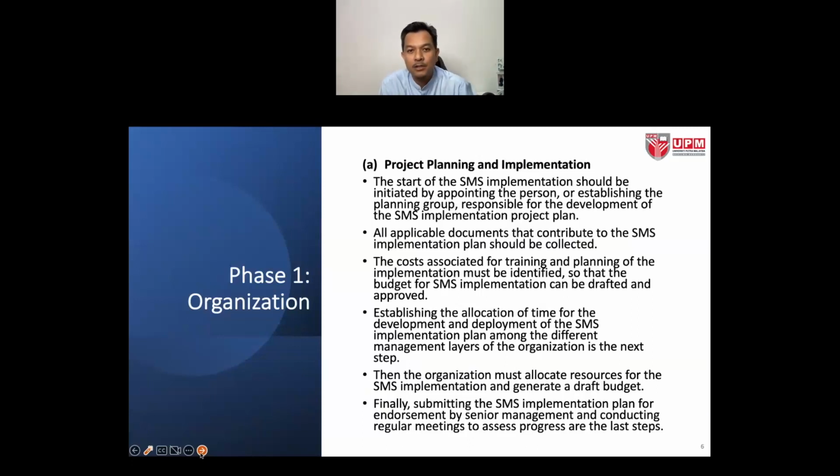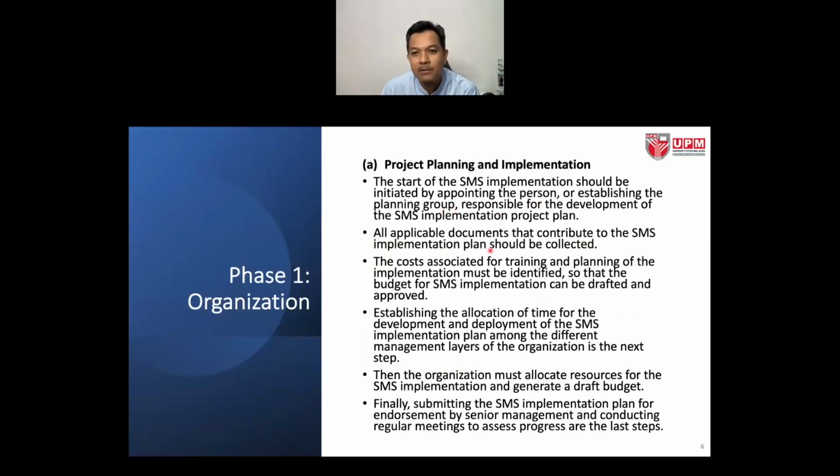Okay, in terms of the detail, what needs to be done in terms of project planning and implementation. At the start of the safety management system implementation, it should be initiated by appointing the accountable executive, or establishing the planning group which is responsible for the development of the SMS implementation project plan.